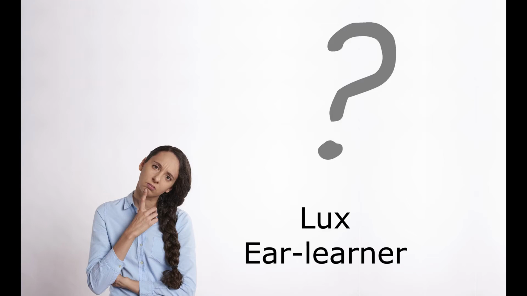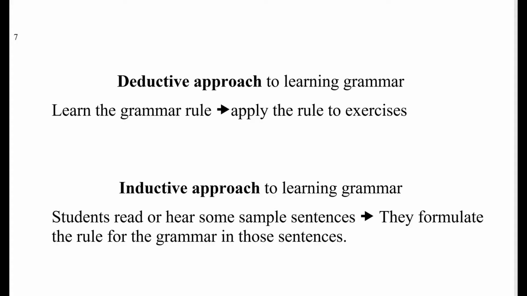Those teachers used a traditional deductive approach to teaching grammar. In this approach, a grammar rule is explained, and then the learners complete some exercise by applying the rules. Unfortunately for ear learners like Luz, the deductive approach often is ineffective. One reason is that they have developed the skill of picking up English inductively.